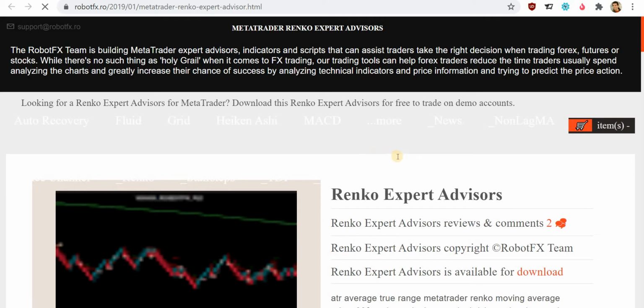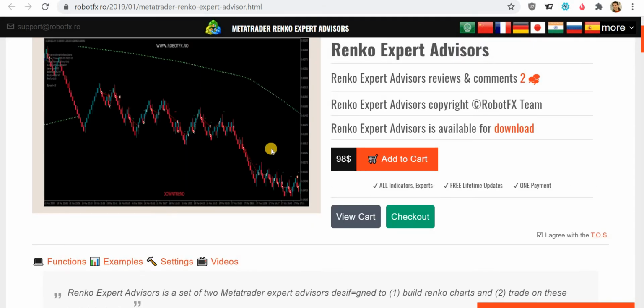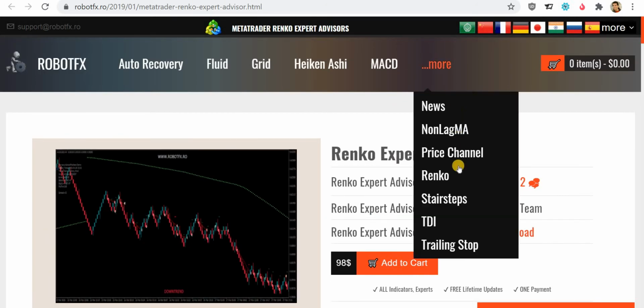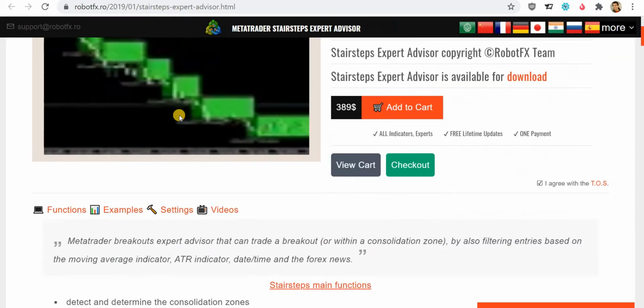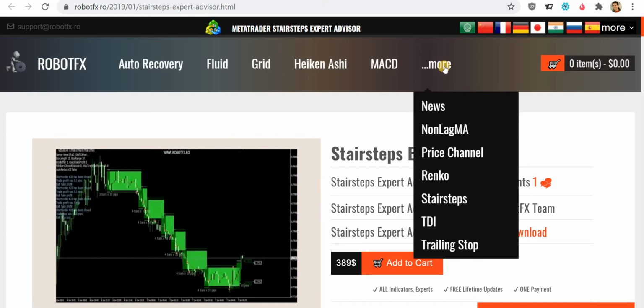The Renko expert advisor is a set of two expert advisors, one to create a Renko chart and the second one to trade according to the bricks, the color changes, the stair steps. Then there is an expert advisor that trades breakouts of consolidation zones. This one doesn't care too much about the trend, or doesn't care at all.